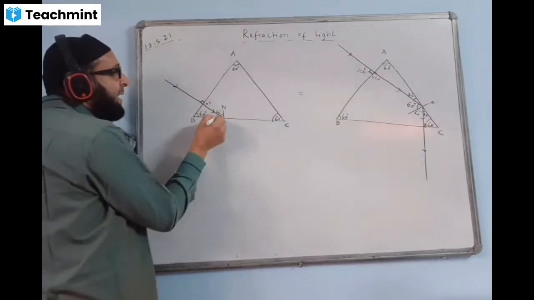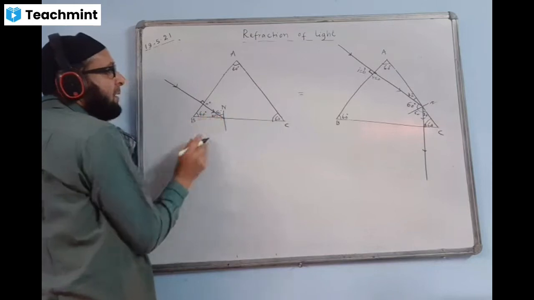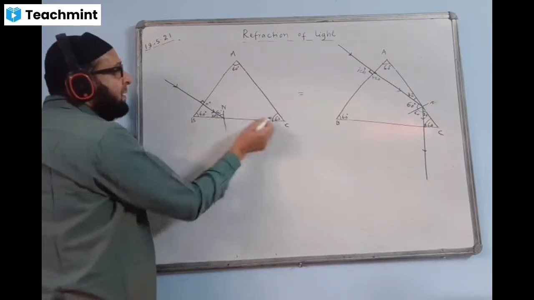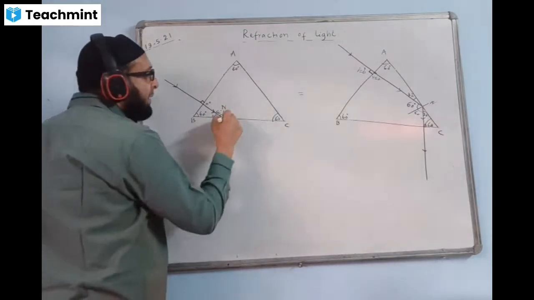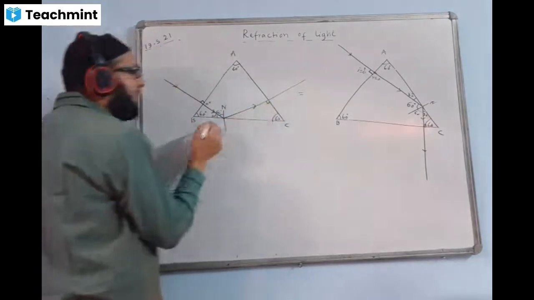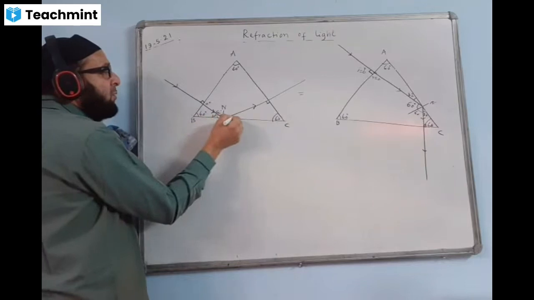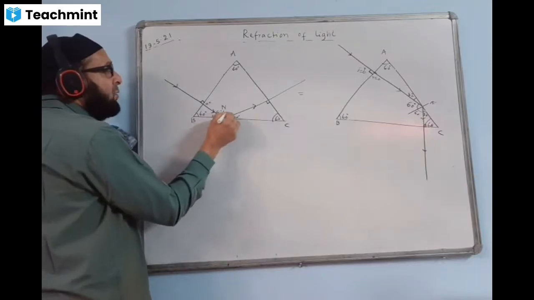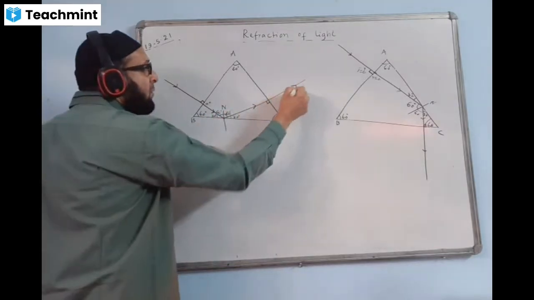That means I'll find the side angle. This is the side angle, 30 degree. 30 plus 60 is 90, then the third angle is going to be 90 degree here. Then it will go like this way. Here the angle becomes 90 degree. Now later on I'll mark the angle. This is 30, this angle is also 30, this is 60, this is also 60. Then the ray would go like this.